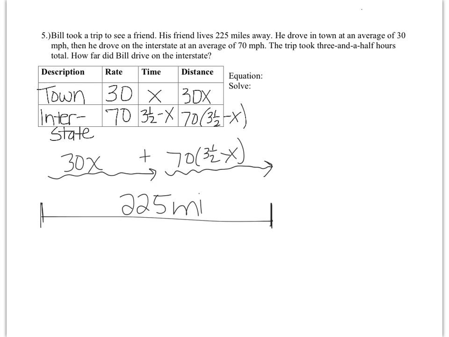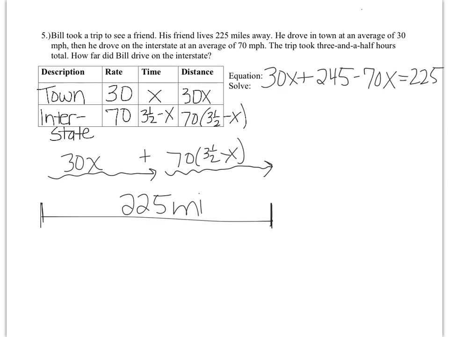So I'm going to do 30x plus, and I'm going to go ahead and distribute right now. 70 times 3.5 is 245. So I'm going to distribute the 70, and I'm going to get 245 minus 70x equals 225.